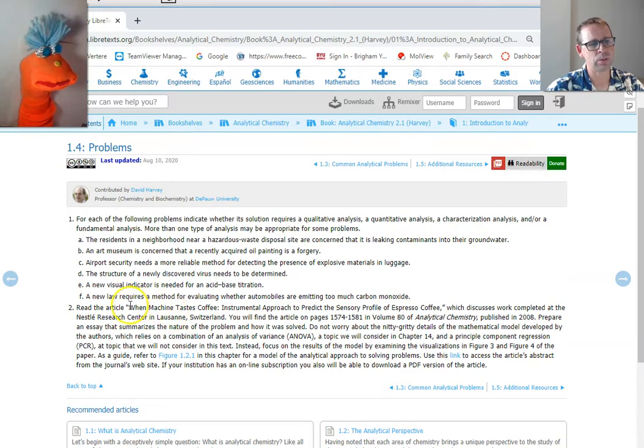Here's a nice article: When Machine Tastes Coffee, Instrumental Approach to Predict the Sensory Profile of Espresso Coffee. That's up on the Canvas site. Let's read that and then read through the rest of this here. I'll let you do that on your own.